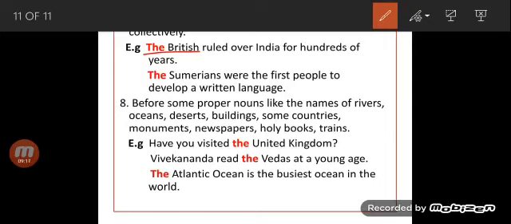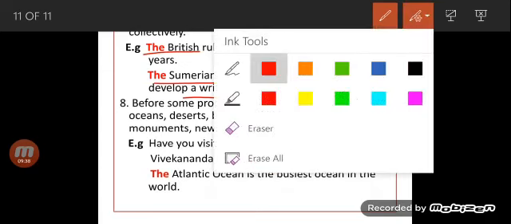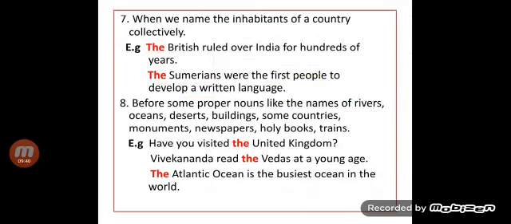The British means we are talking about the British people. The Sumerians were the first people to develop a written language. So when we talk about inhabitants of a country collectively, we use article the.